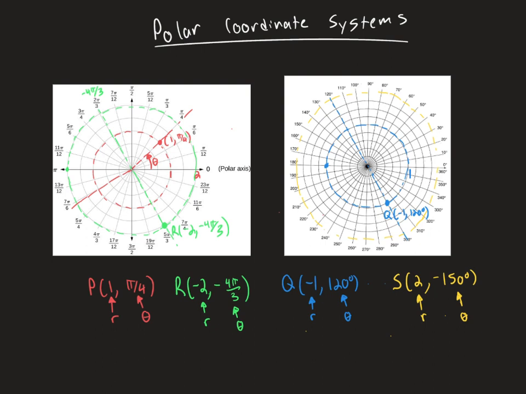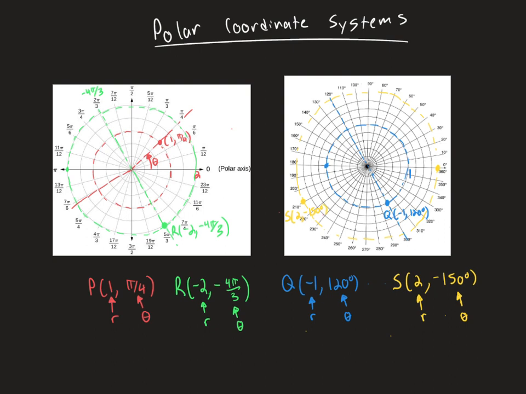If we do the r value first, we go to positive 2 and then negative 150. So we have to think about coterminal angles: the positive angle coterminal with negative 150 is 210. So here's the point S, 2 comma negative 150 degrees.